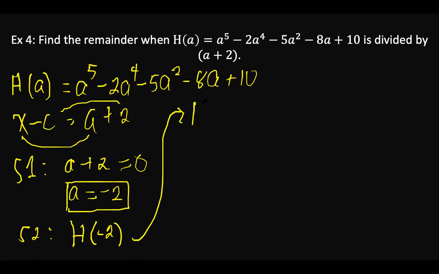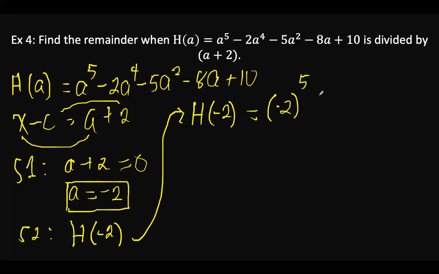So gawin na natin dito sa kabila. Ang mangyari ay h of negative 2 is equal to, okay, substitute natin si negative 2. Mangyari ay negative 2 raised to 5. All right?